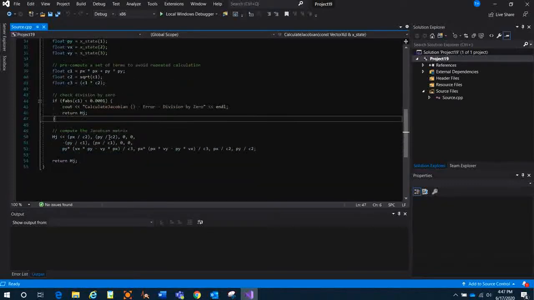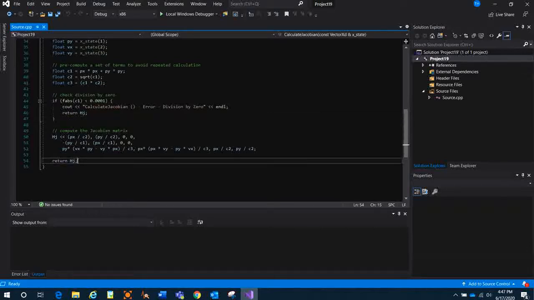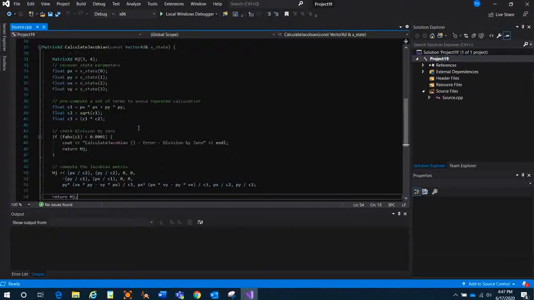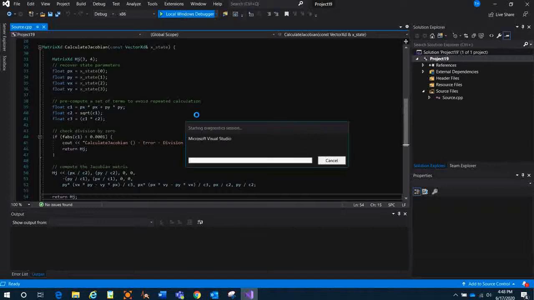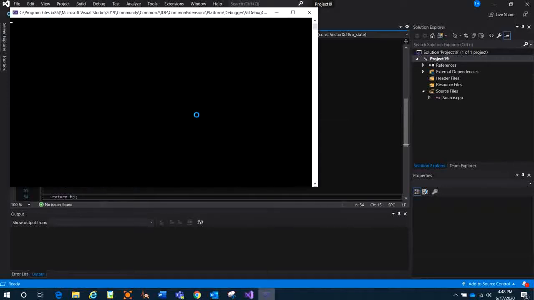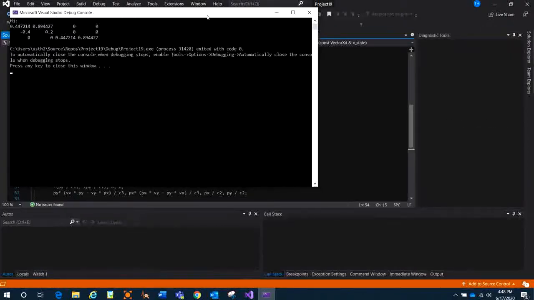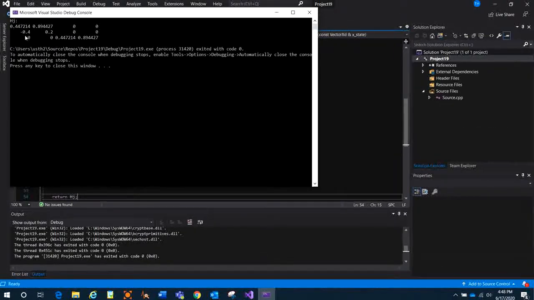It helps you, and we return the Jacobian matrix H right here. That's the practice of how to write the function CalculateJacobian. Okay. Here the answer gives us the Jacobian matrix, right?